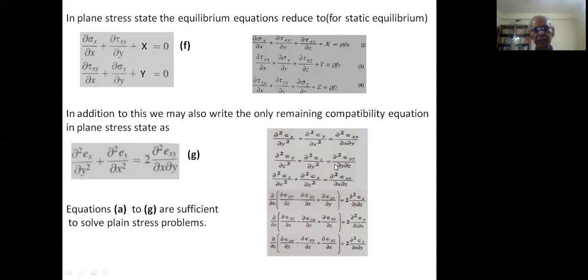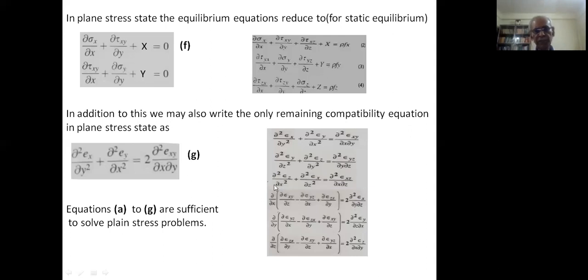And on the right hand side, we have got del square epsilon yz by del y del z. In fact, del square epsilon z by del y square may not be 0. But then if everything else is 0, this equation becomes futile. So I think this we do not consider.